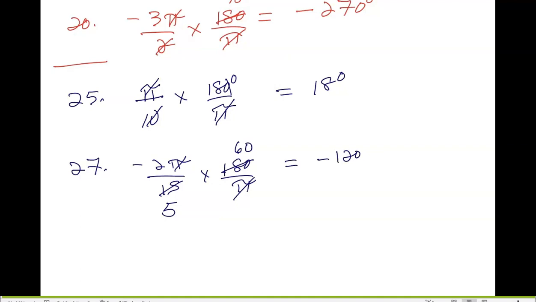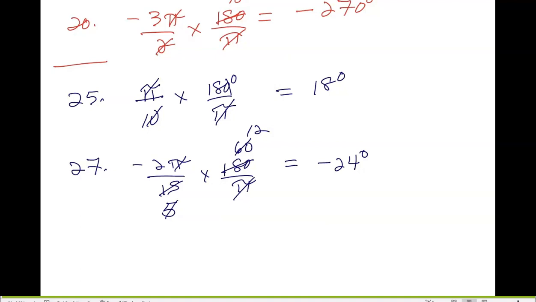Oh, I can continue going. 5 goes into 60 how many times? So 60 divided by 5. That goes in 12 times, so this is a 12. That means that I have a lower number, which is better to deal with. So negative 2 times 12 is negative 24 degrees, and that's 25 and 27.